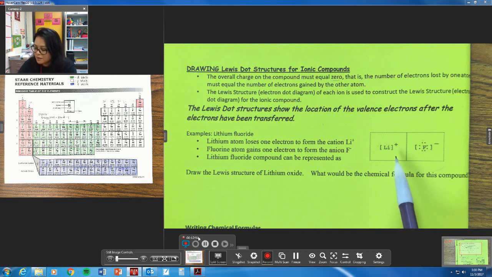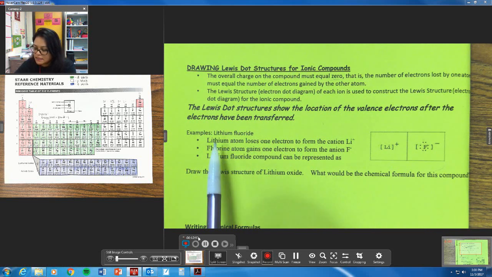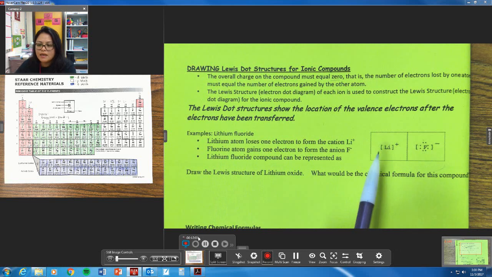The example that we have here is lithium fluoride. Lithium, because it has a positive charge, is going to lose one. It has one valence electron, so it's going to give that away to fluorine, which has 7.